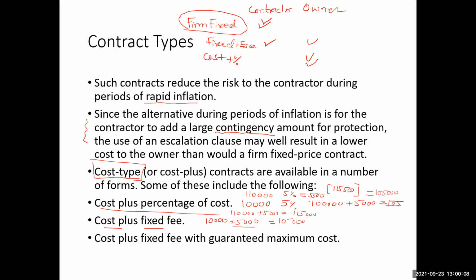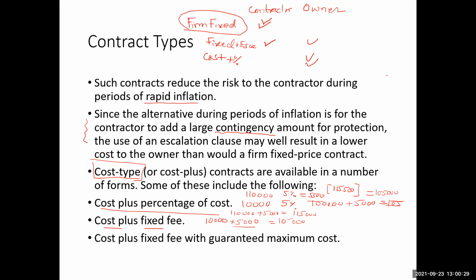But in the first case, the owner is paying a 5,500 fee. So the risk is a little bit decreased, but still there is no incentive for the contractor to decrease the cost.